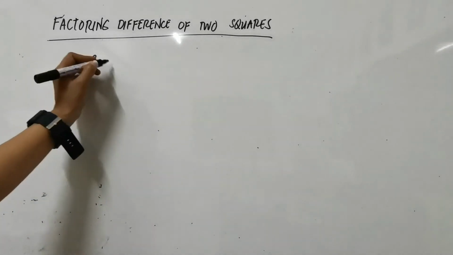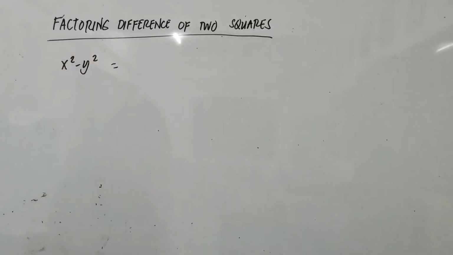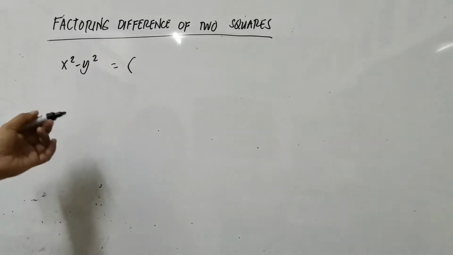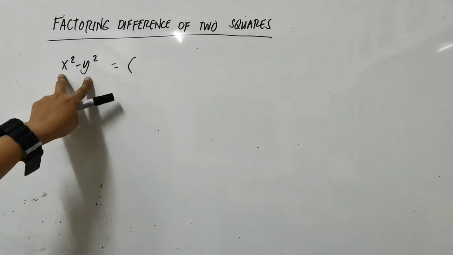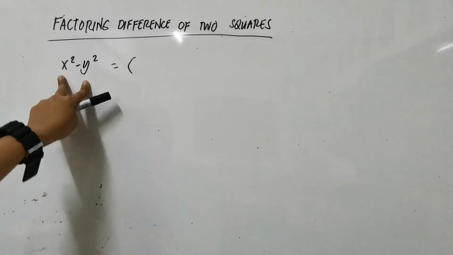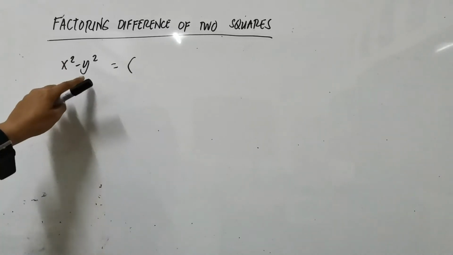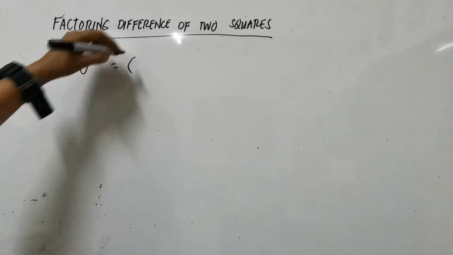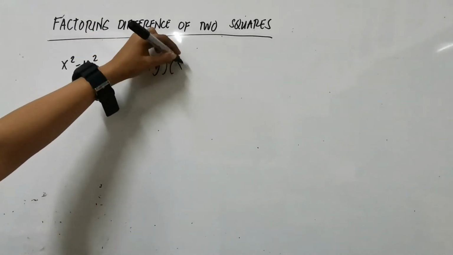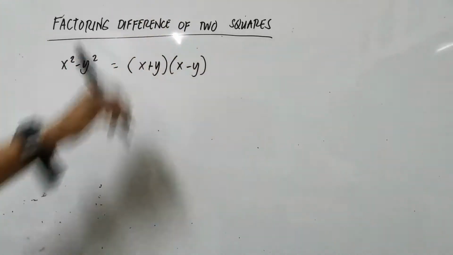So, ang lagi nating magiging factor dyan ay the sum and difference of two terms. Ibig sabihin, the factor of difference of two squares ay galing sa sum and difference of two terms na diniscuss sa special product. So, we have x plus y and x minus y.